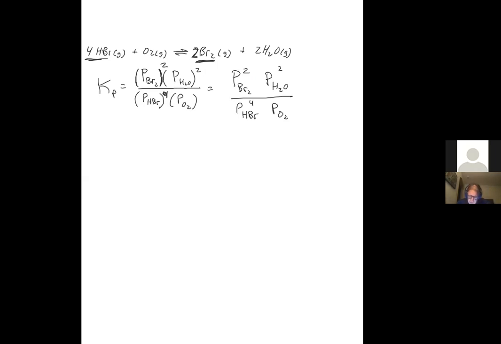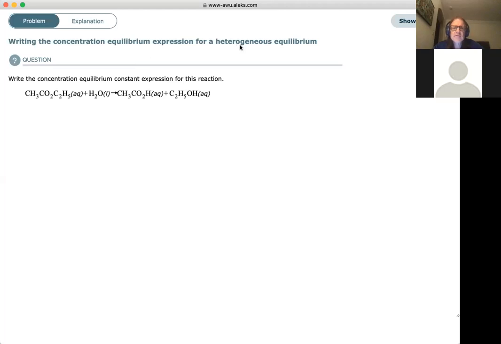Okay, I'm going to show you one more here. This is called heterogeneous. So when you see the term heterogeneous, that typically means that there's more than one state of matter involved, or more than one phase, we call it. Some reactions occur really cool, like a catalytic converter in the automobile, by having a solid surface and then gas molecules stick to the surface and they react.